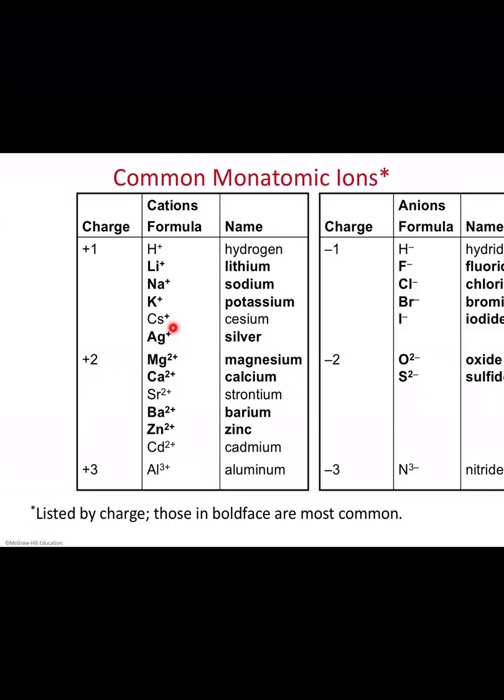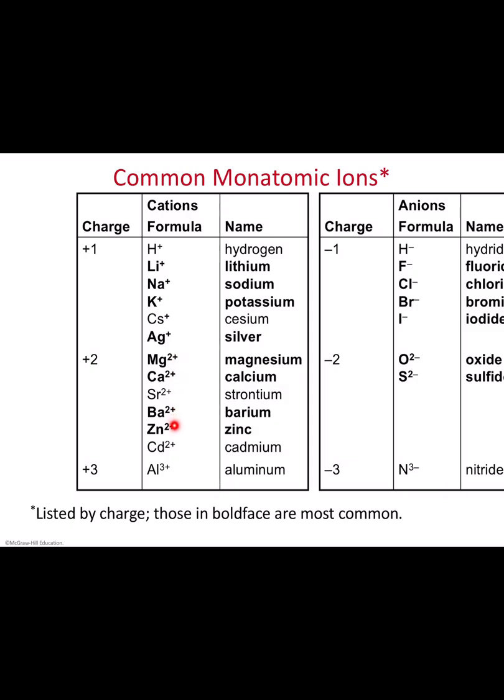The group 1 elements normally make a +1 charge because they can lose one electron and make cations that resemble the previous noble gas configuration. H+, hydrogen; Li+, lithium. See, the name doesn't change, it stays the same. Sodium, potassium, cesium, and also silver is another element that makes a +1 charge.